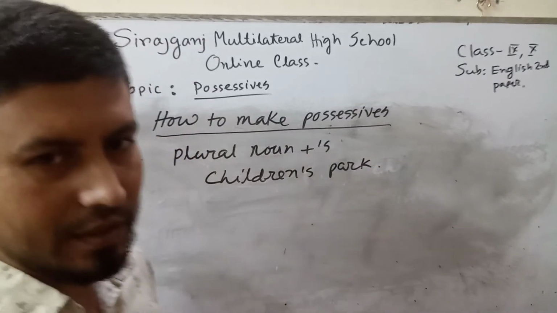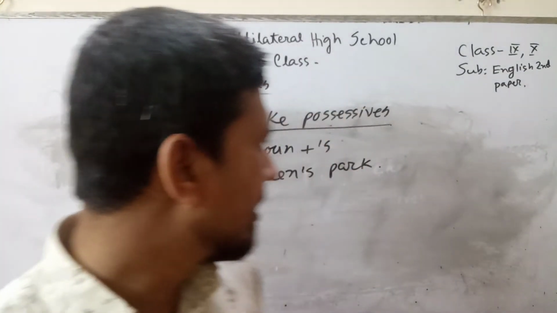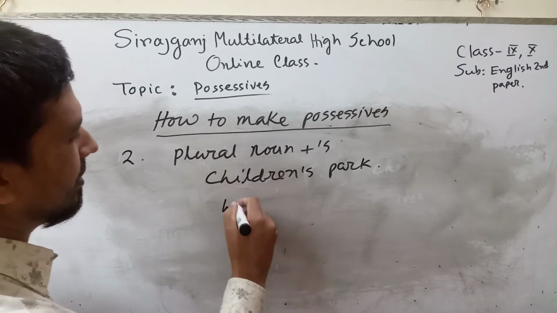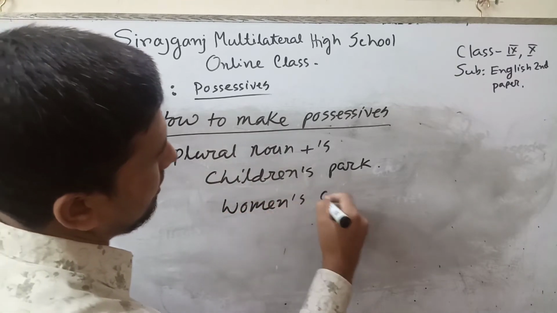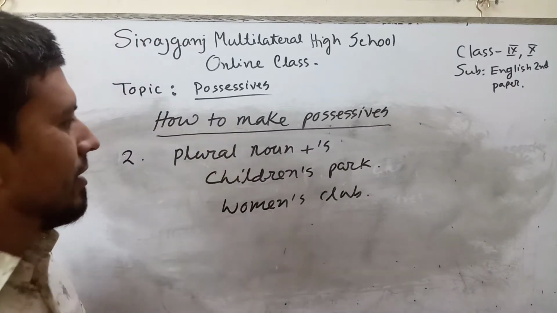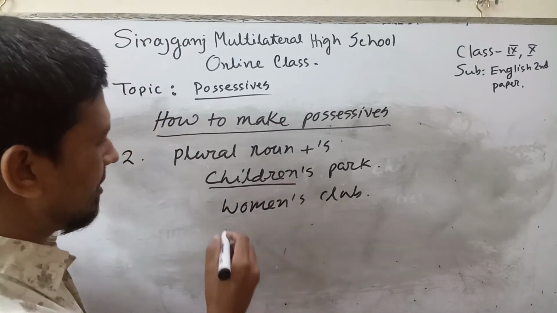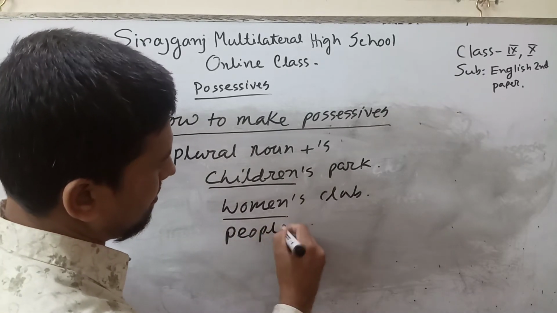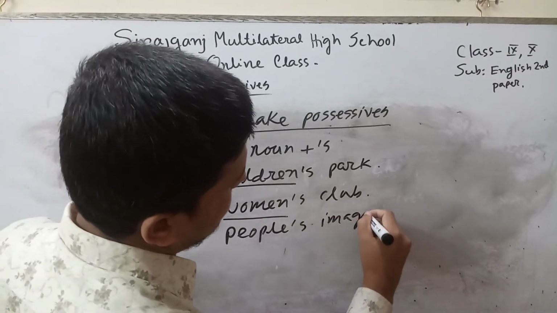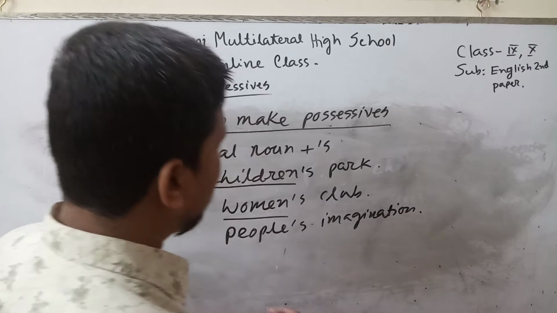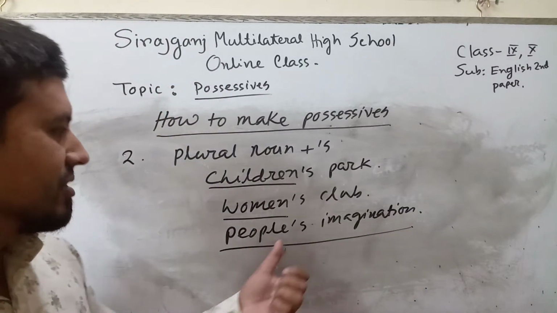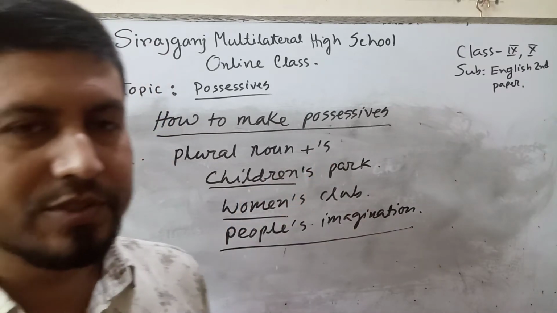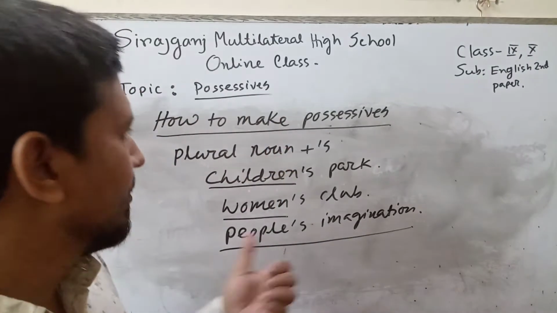You know, in our city, Shirazganj, there is a Russell Park. This is children's park, and then women's club. These are also plural nouns, children and women, and people, people's imagination. So plural noun plus apostrophe s also makes the possessive.